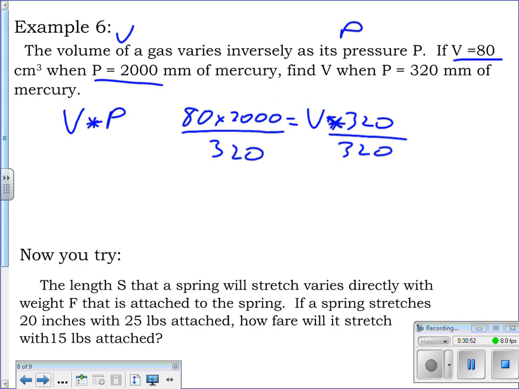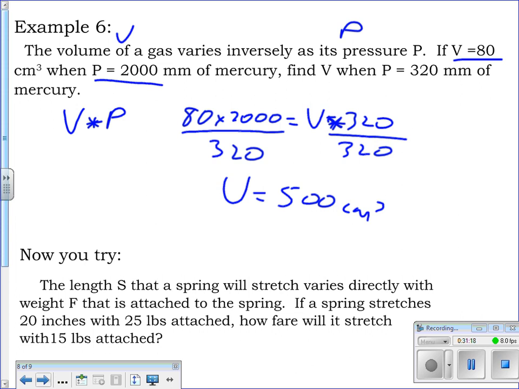So I get 500. So your volume equals 500 cubic centimeters. V equals 500 cubic centimeters. cc's, milliliters. They're all the same.